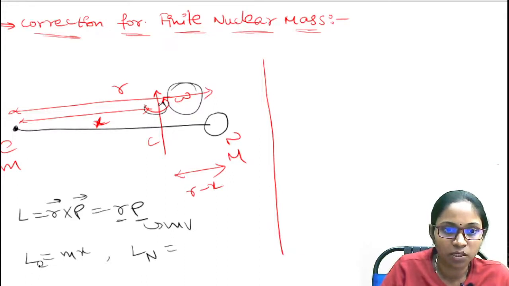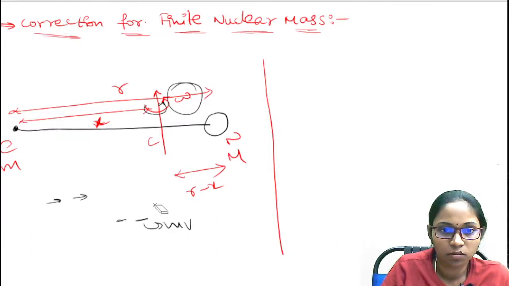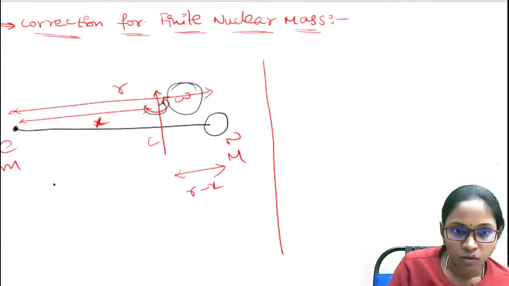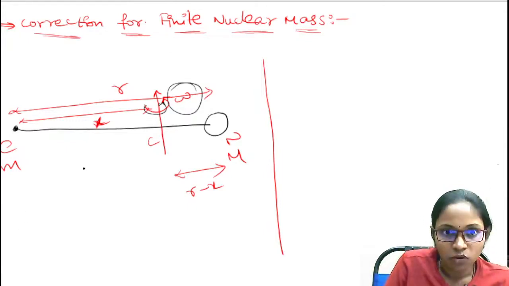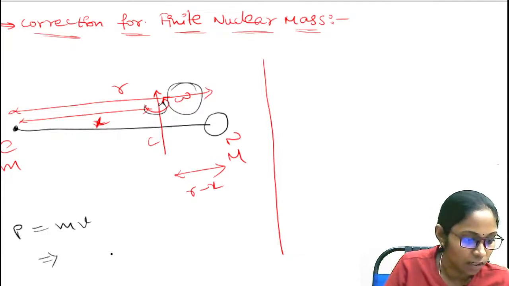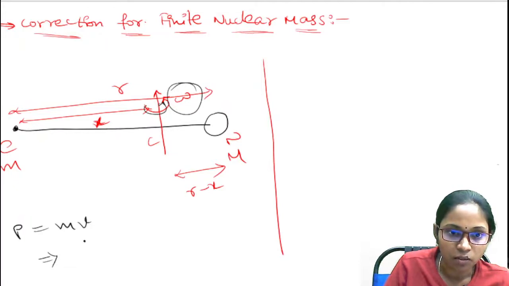Just a minute. So here the momentum of the electron about the center of mass is equal to mass into velocity. And what will be the velocity here? It is omega, right? m omega.